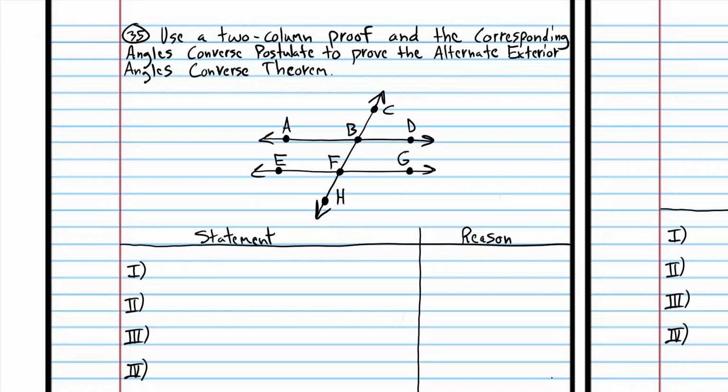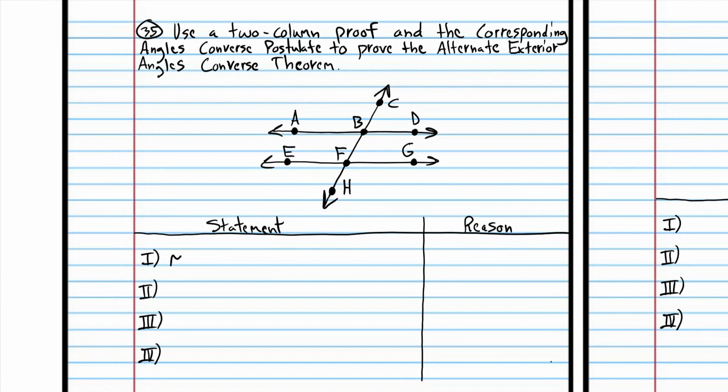All right, so we're going to assume that alternate exterior angles are congruent. So angle ABC is equal to angle HFG. Now you can choose these two, or you can choose these two. It doesn't really matter. I'm choosing ABC and HFG. So I'm just going to mark those.